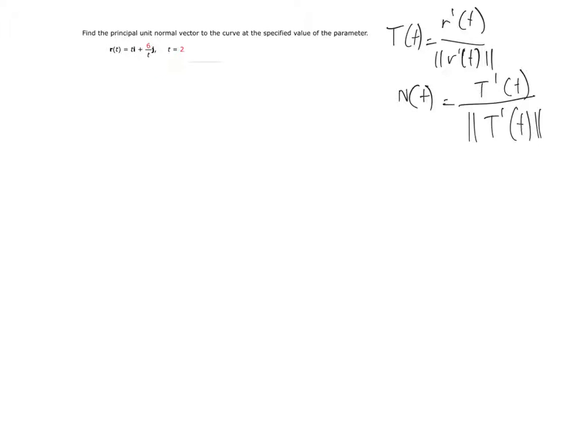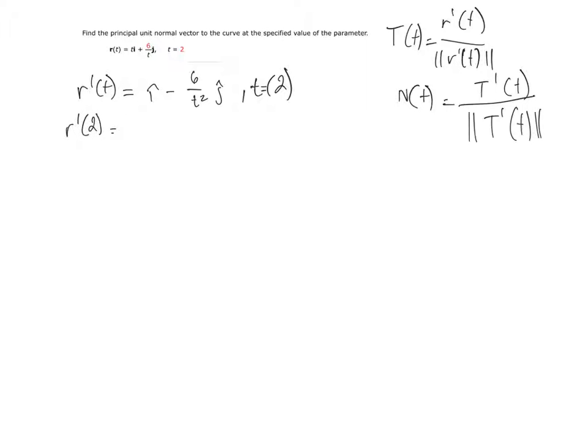I will show you. Now let's find the tangent unit vector. So r prime of t will be i minus 6t squared j. Now you can find r prime at 2.